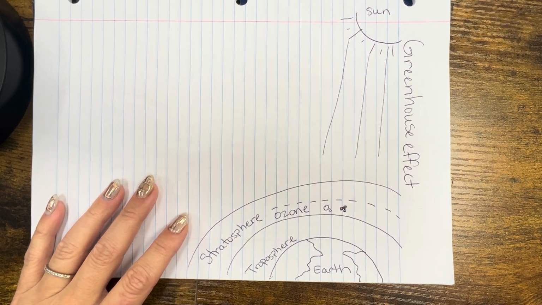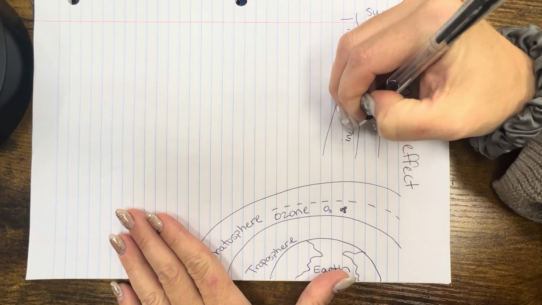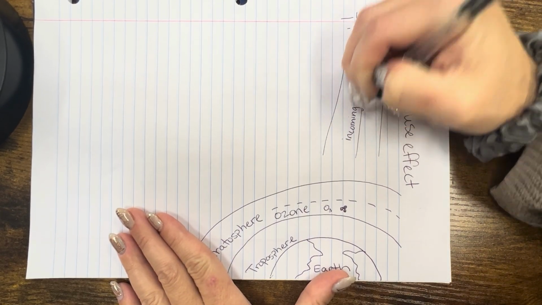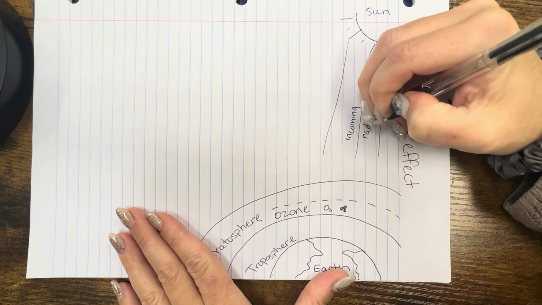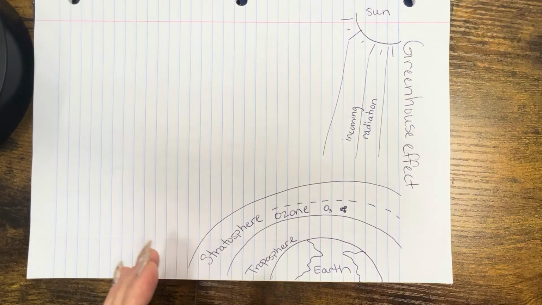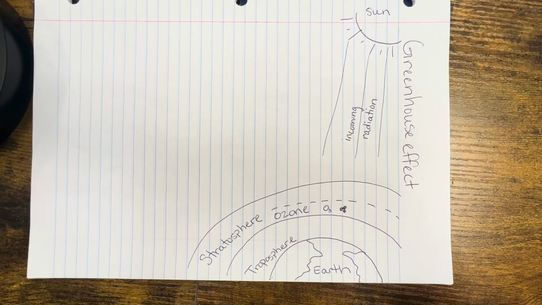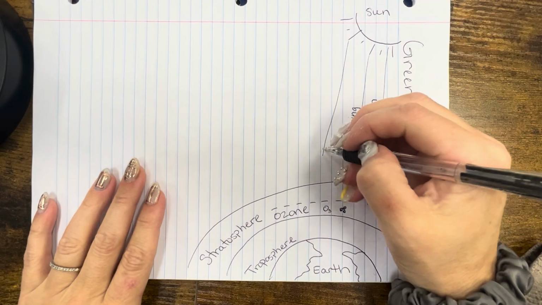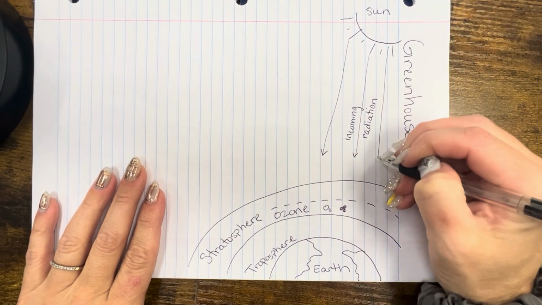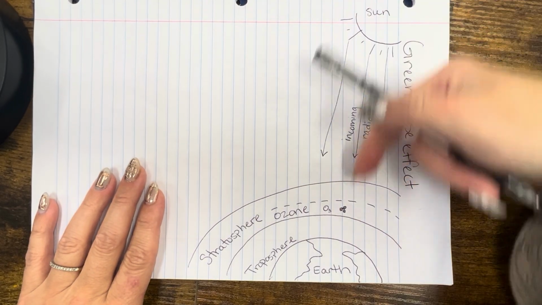This is incoming radiation, so in here we're going to write incoming radiation. And that's exactly what that means. Incoming means that it is moving into our area.